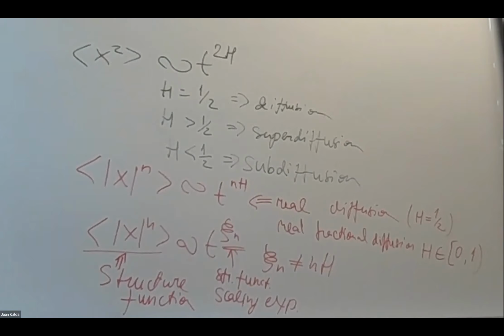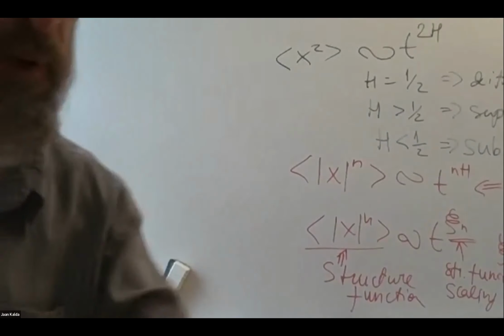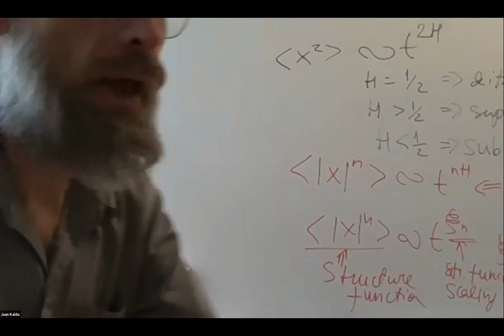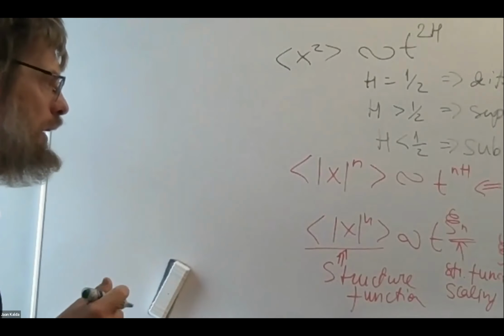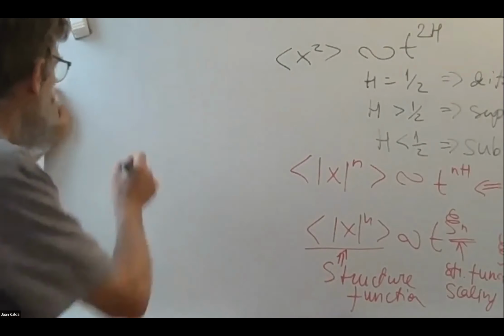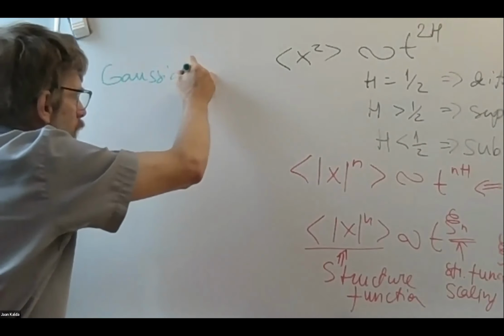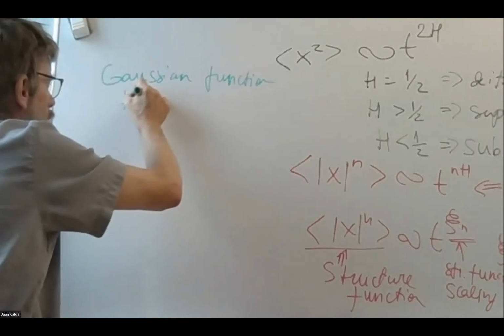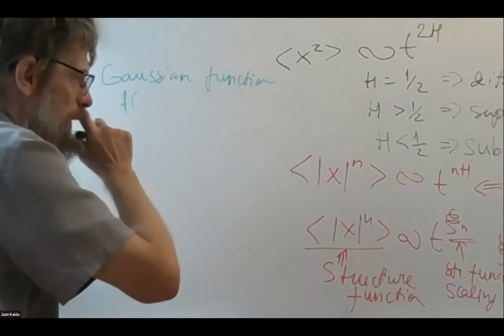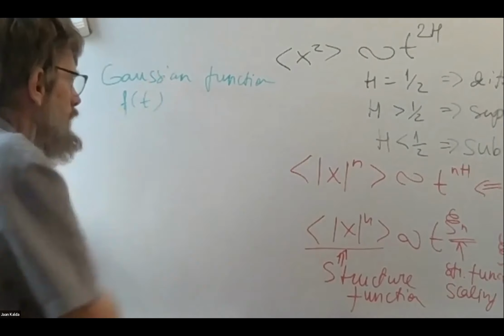Now there is a concept of a Gaussian function. We will consider a function f of t, right?